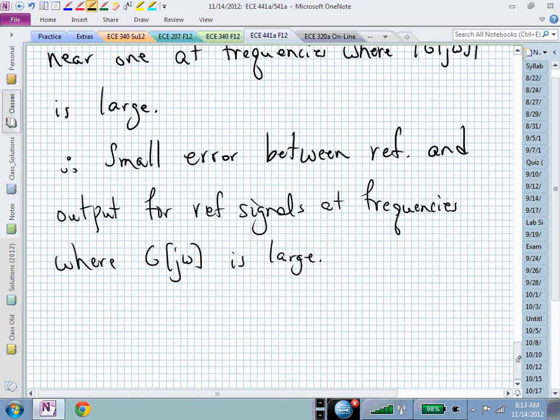Now, the other thing that we want to worry about, obviously, we could care less if it's large if the whole thing is unstable, because then we're not going to have satisfactory behavior. So the stability of the closed loop system is critical.